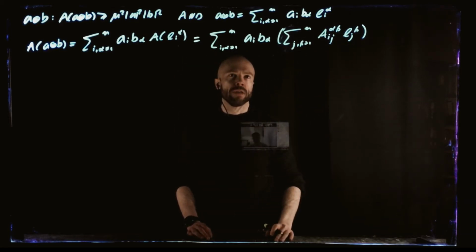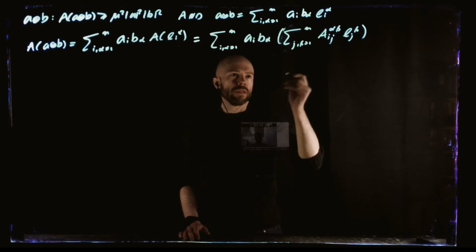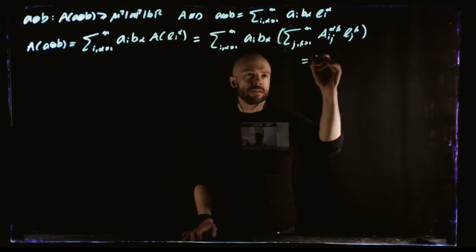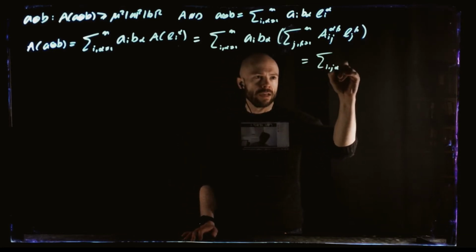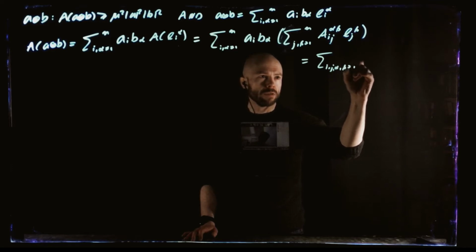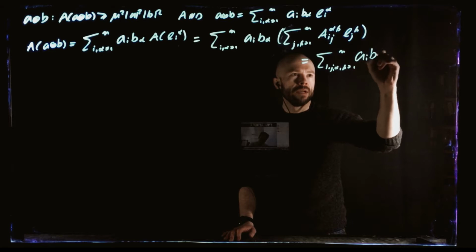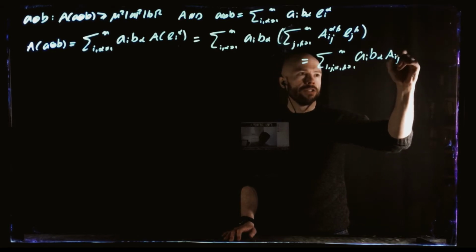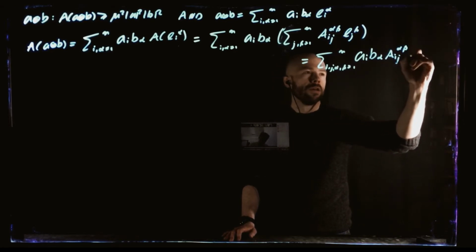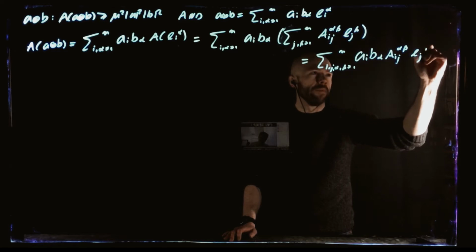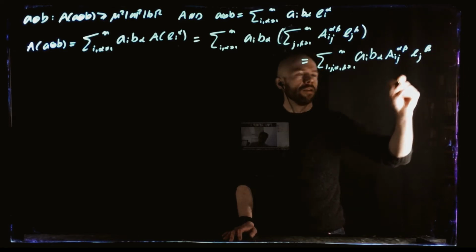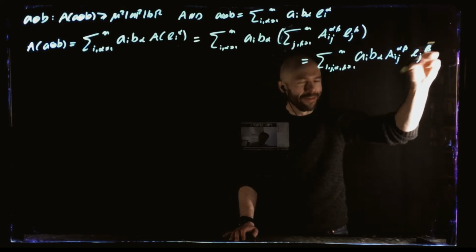Yeah? So putting that expression together, then this is the sum Ij alpha beta equals 1 up to n of Ai beta alpha, Aij alpha beta of Ej beta.